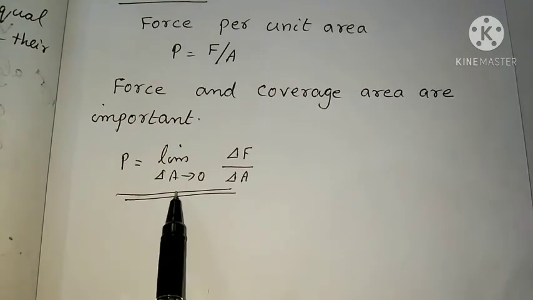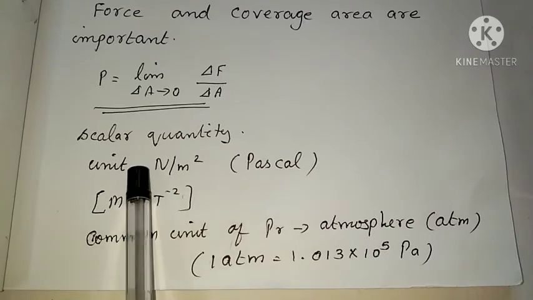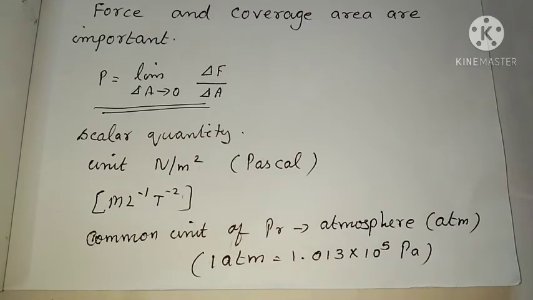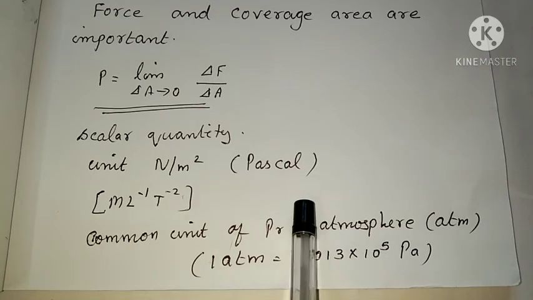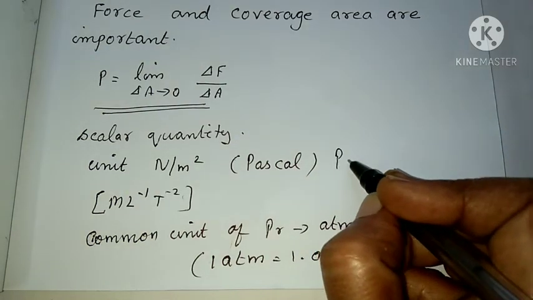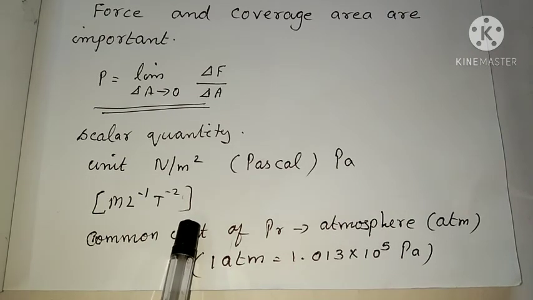Clear? Then pressure is a scalar quantity and its unit is Newton per meter square, and it has been named as Pascal, with the symbol Pa. You know this. The dimension is M L raised to minus 1, T raised to minus 2.